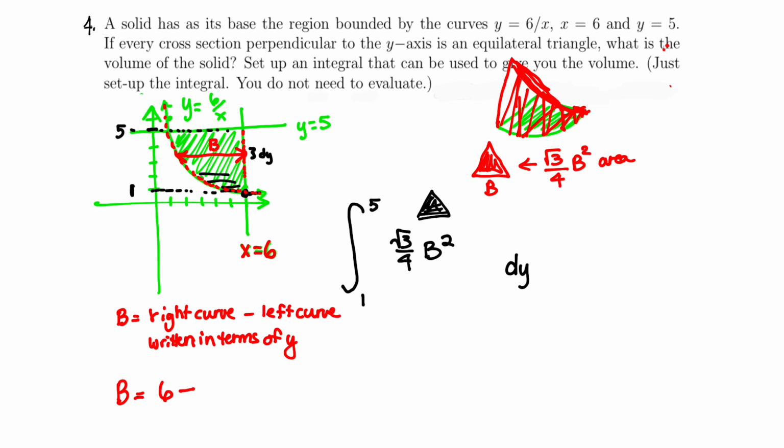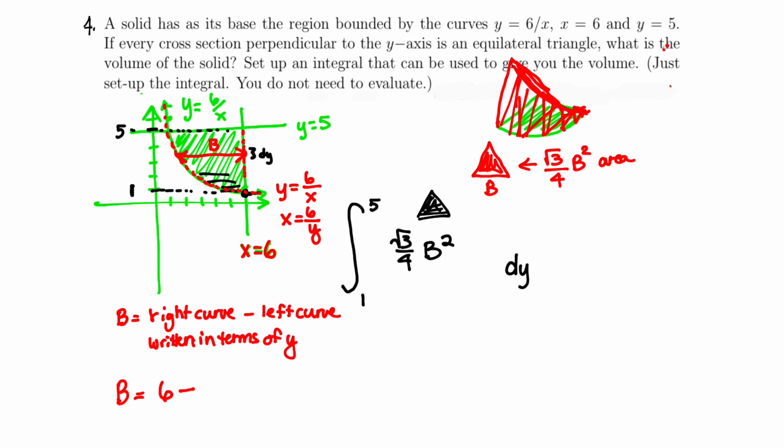My left curve is given by the equation y equals 6 over x. But if I transform it, very close. X equals 6 over y if you solve for x.